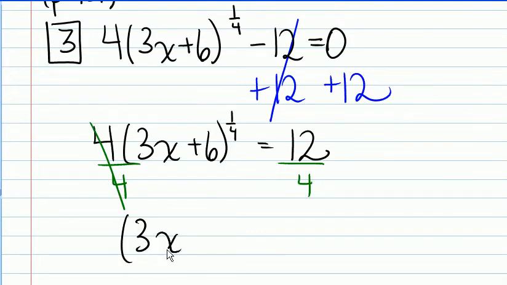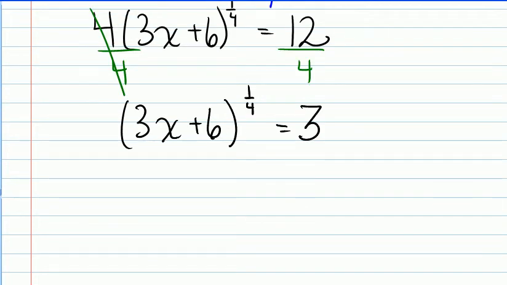So this one is a fourth root. It is something to the 1/4, which means the fourth root. To get rid of a fourth root, we're going to use a fourth power.